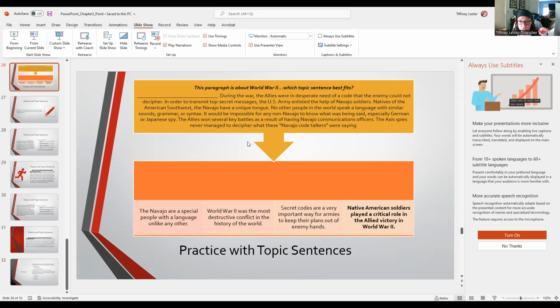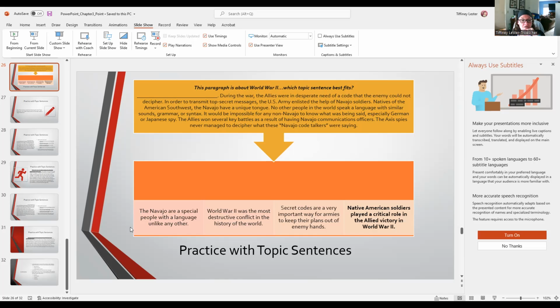Okay, so when we look at that paragraph, we know that it is about World War II, how they used Native Americans of the Southwest because of their unique language so that they could keep their messages secret and coded from the enemy. All right.